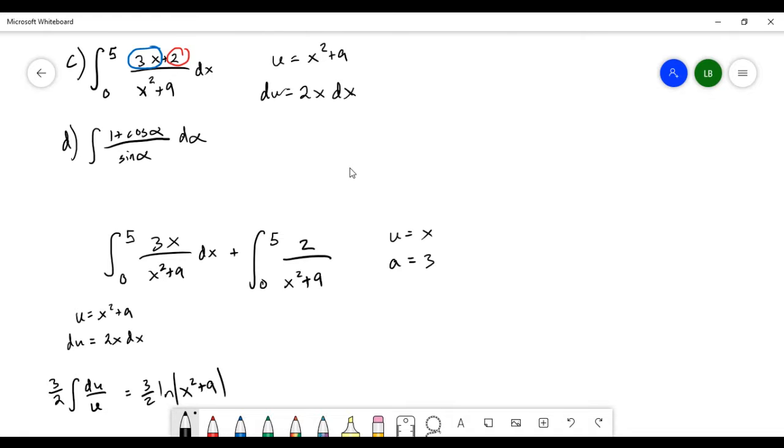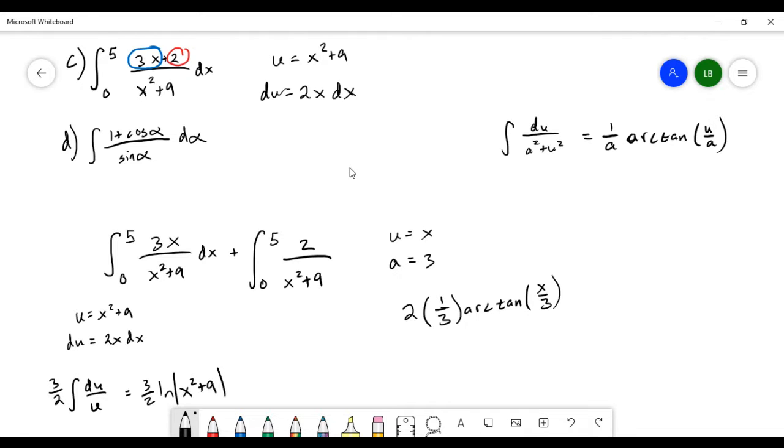And our general form for arctangent, if you remember, is the integral of du over a squared plus u squared equals 1 over a arctangent of u over a. So since this 2 is just a constant, we can move it out front as a coefficient. So we have 2 times 1 over 3 arctangent of x over 3. And that would be the right-hand integral.